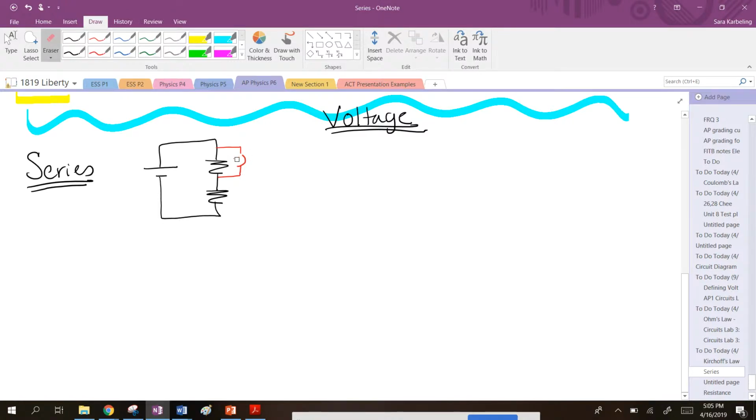VA, because I'm going to call this resistor A. I'll call this resistor B, so that we're not confused. This is my voltage B, again, measured across, right? And then I'm going to call this over here my total voltage, because that's the total drop across the battery. If I talk about my voltage total, I hope that you found that the total voltage drop was equal to VA plus VB. That is what you should find if you were measuring things carefully.